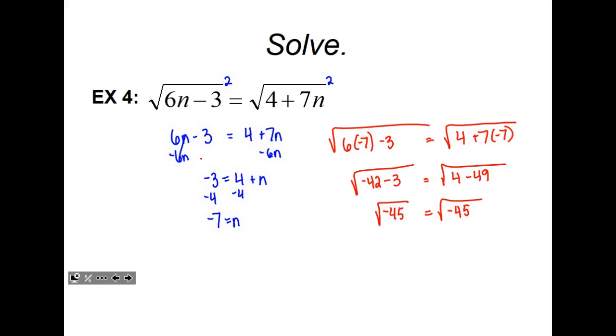Now, it appears that those two are equal, so maybe it works, but these are both imaginary. So our textbook is going to say that this is not a solution, and it will just give no solution for the problem because you're getting that negative underneath the square root. I think there's decent arguments for saying that those are actually equal to each other, but our textbook says no, so we'll go with them.